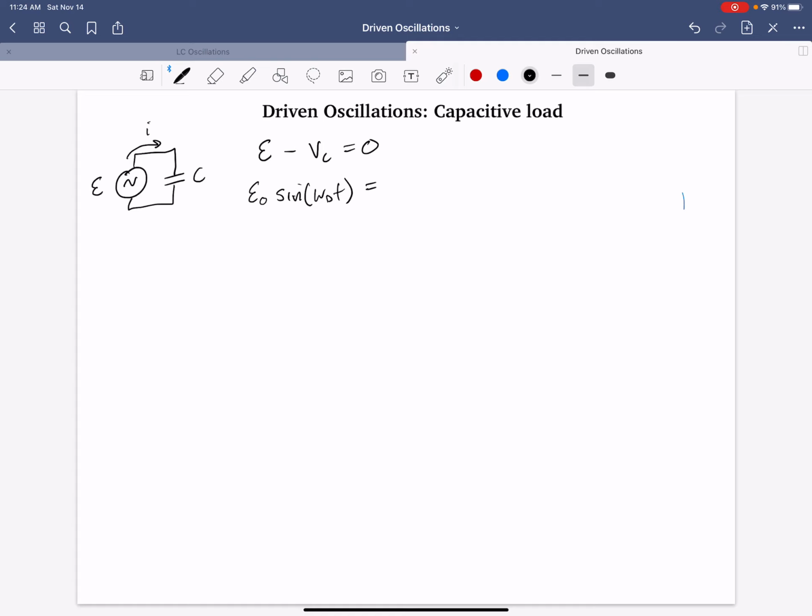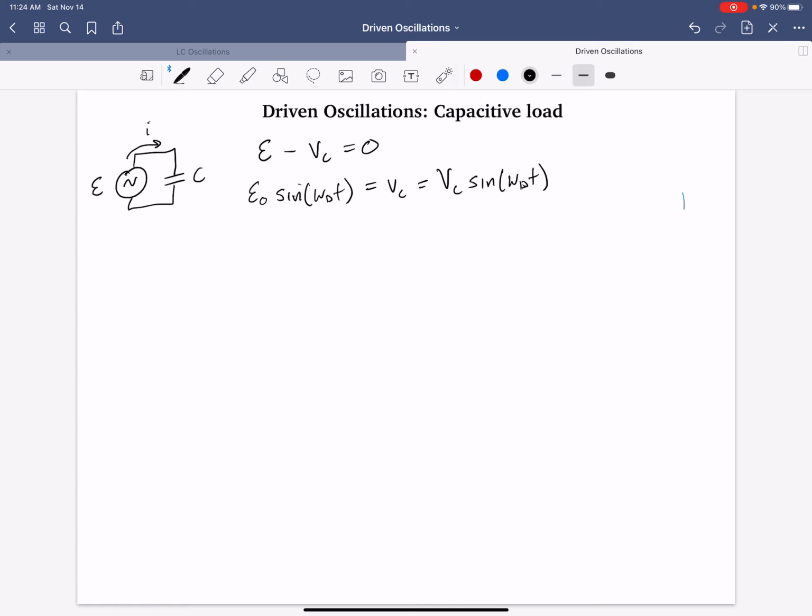And that's equal to what your book has as lowercase V sub C. The lowercase is as a function of time. Uppercase is the constant. The uppercase V in this case is the maximum voltage across the capacitor. So then that also has to vary as a function of that frequency and time.